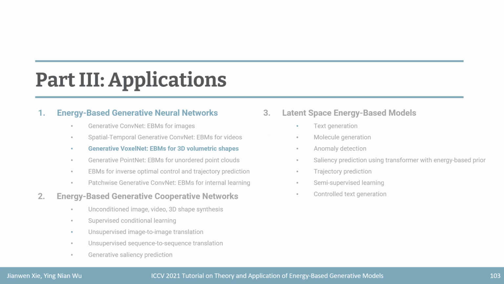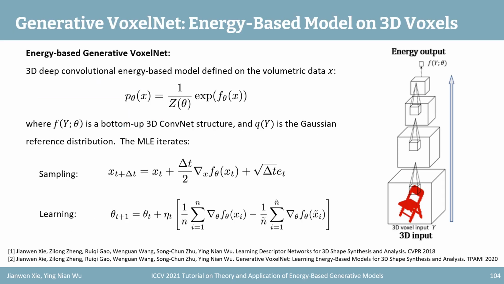Now let's talk about the application to 3D computer vision. We will first focus on energy-based models on 3D voxels. Energy-based generative voxel net is an energy-based framework for 3D volumetric shape representation.